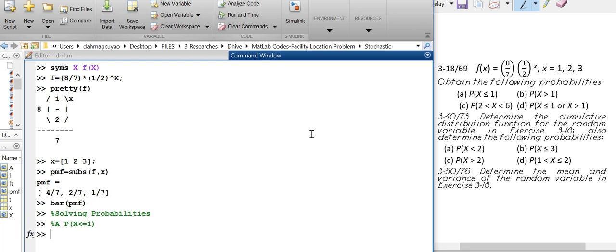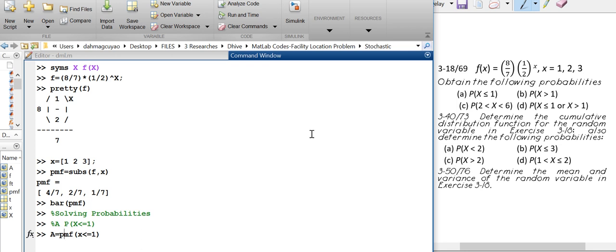What are the values of the PMF with x less than or equal to 1?